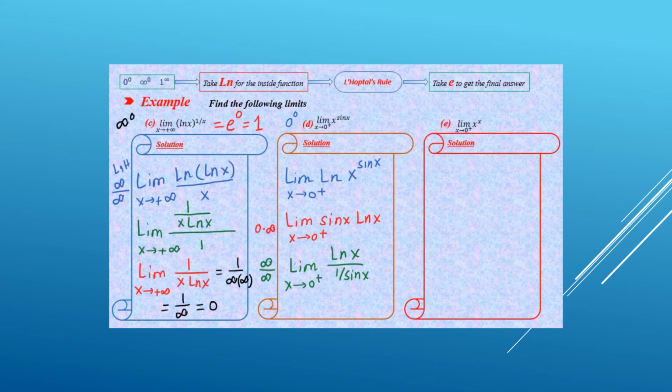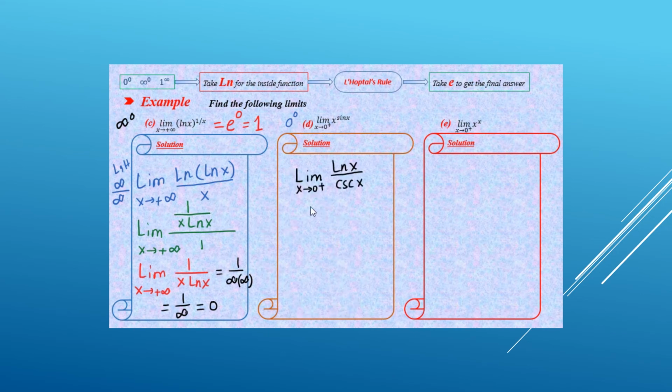So now we can use L'Hospital's rule. But before you use it, you can rewrite 1 over sine x as cosecant x. So we have the limit of ln x over cosecant of x when x goes to 0 from the right. You have to find the limit of f prime over g prime.